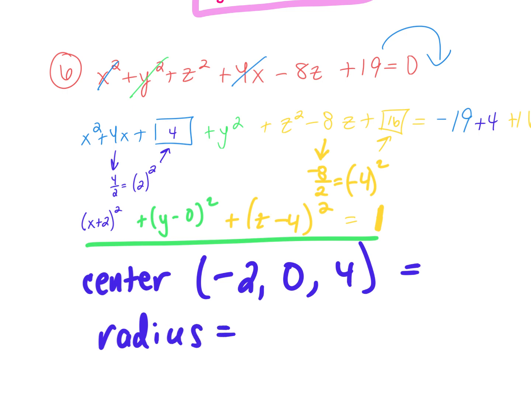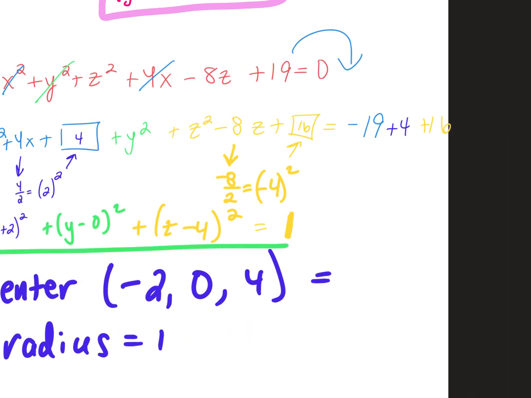Your radius equals 1. Now, in this case, this is 1, but this is really R squared, right? So you have to take the square root of it. If it was 4, you would take the square root and your answer would be 2. But it's always the positive one because radius is a length. So you add up what's on the other side of the equal sign and then take the square root.